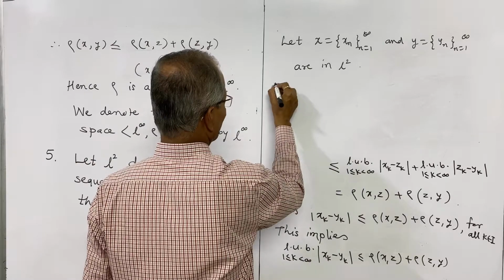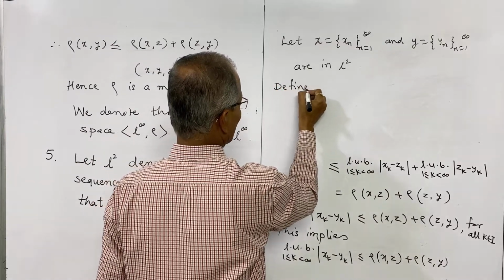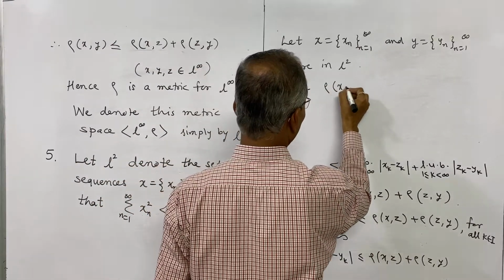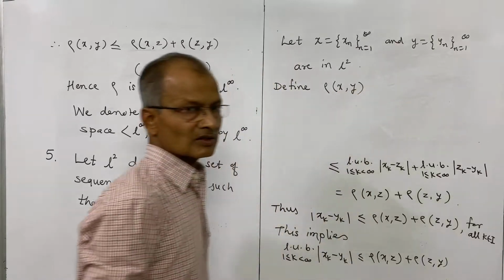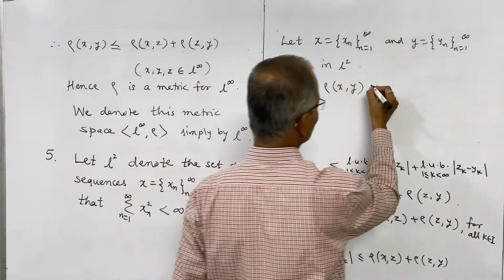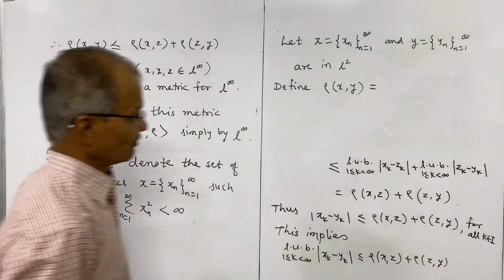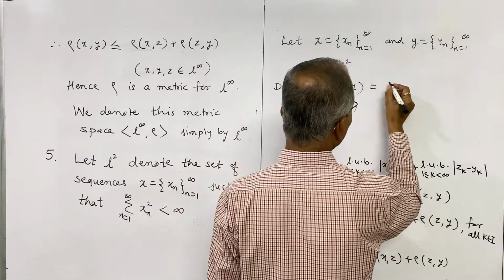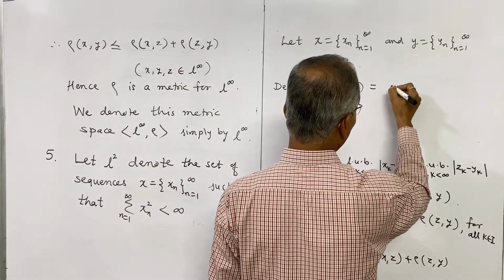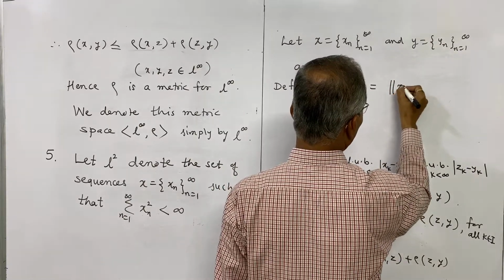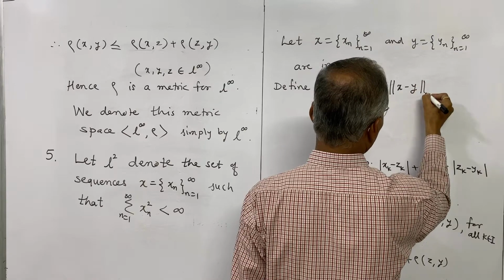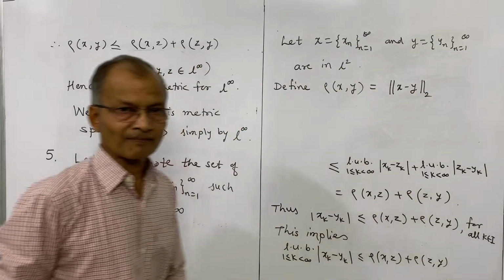Now we define rho of x and y in terms of the norm, that is, norm 2 of x minus y.